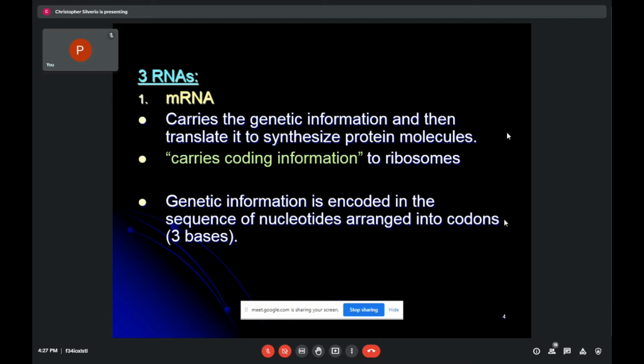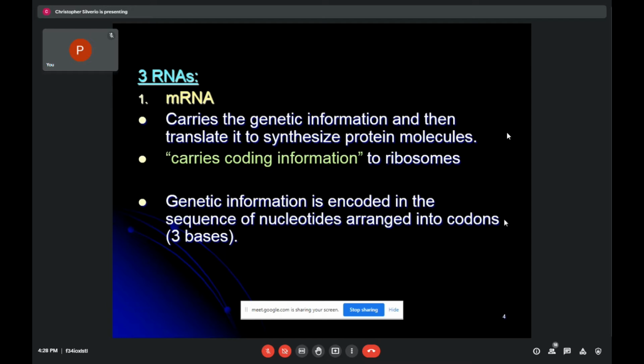And what can you see in the codon instead of thymine? Uracil. So the nitrogenous bases that you could see in the codons are only uracil, cytosine, guanine, and adenine, except thymine.